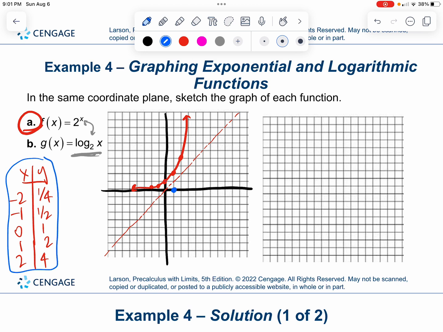So I know it's going to be x equals 1/4, y equals -2. So 1/4 down -2, 1/2 down 1, and then 2, 1, and 4, 2. Okay, so that is how I get the graph of log base 2 of x.